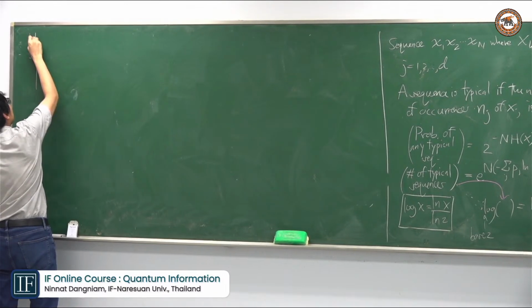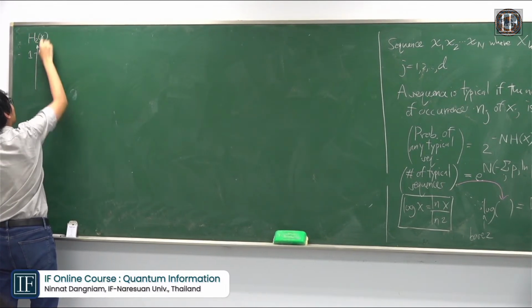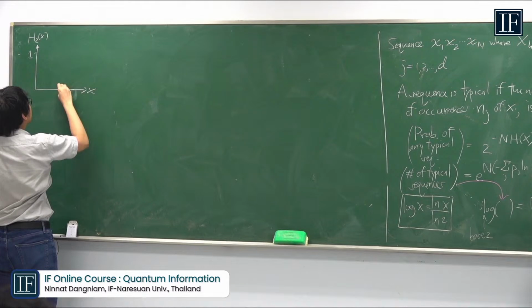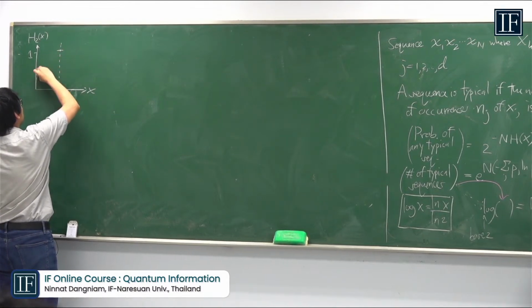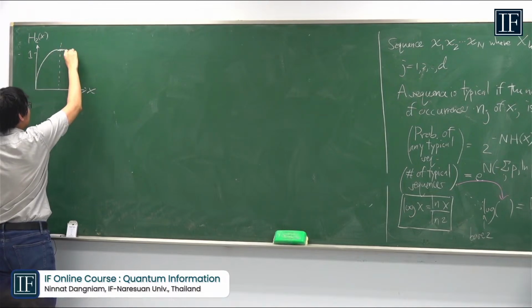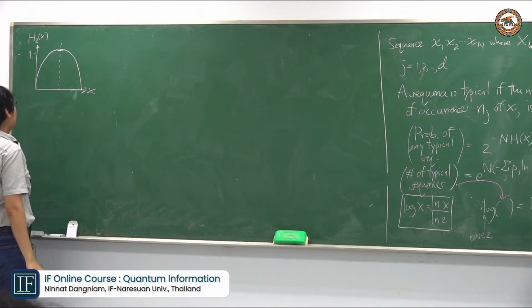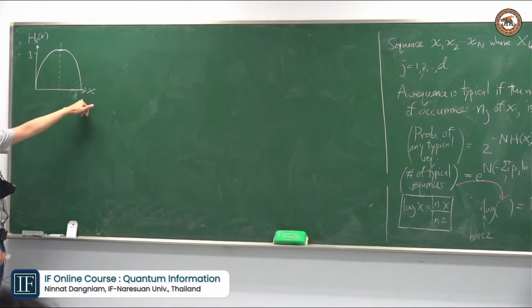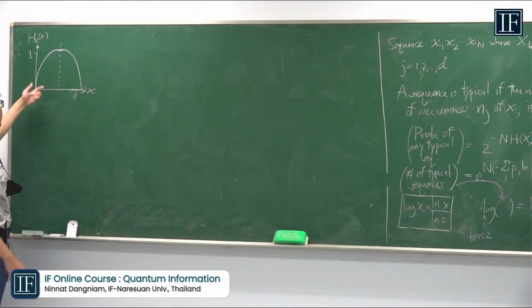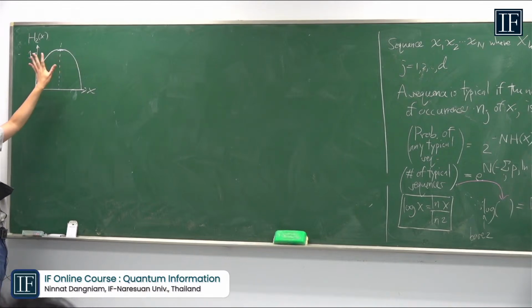It looks like this, like a bell. It takes the minimum value when x is 0 or 1, when the random variable is just deterministic, and it attains the largest value when both alternatives are equally likely.